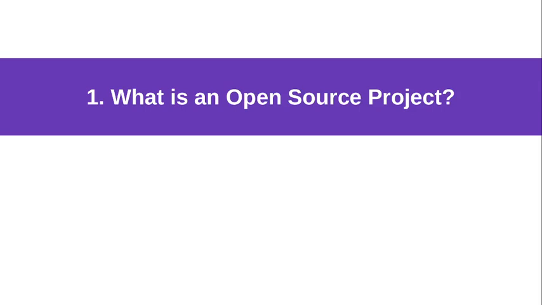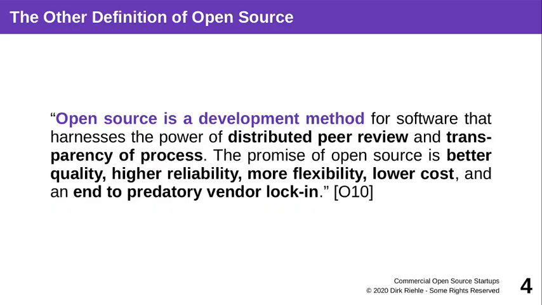So, what is an open source project? So far, we talked about software, and we need to understand that the artifact, arguably, is certainly not the only innovation of open source, maybe not even the most important one. When you look at the Open Source Initiative website, you will find that, separately from the legal definition, which involved the 10 requirements that turned a software license into an open source license, there's a definition of open source as a development method for software that harnesses the power of peer review and transparency of process.